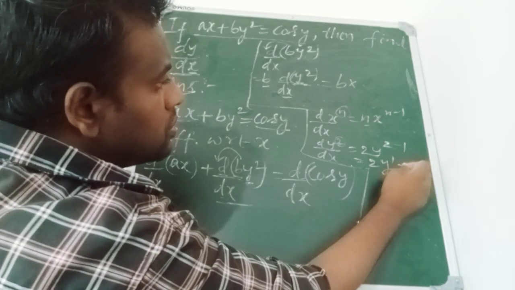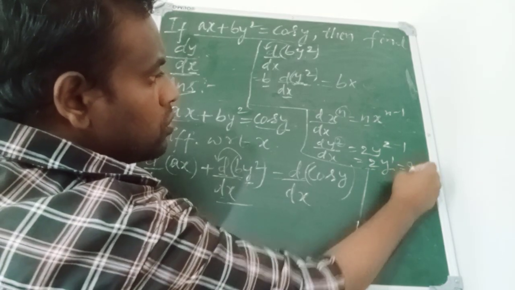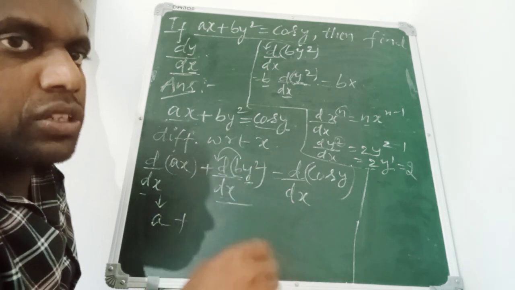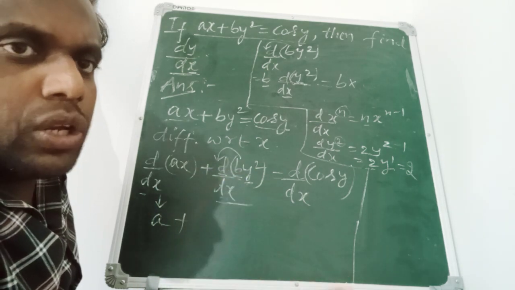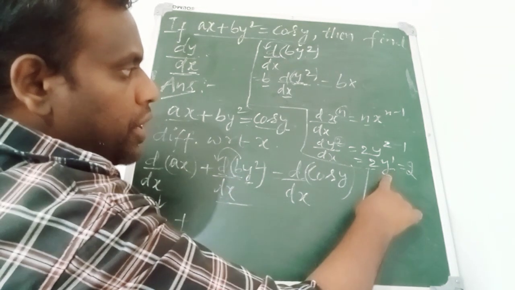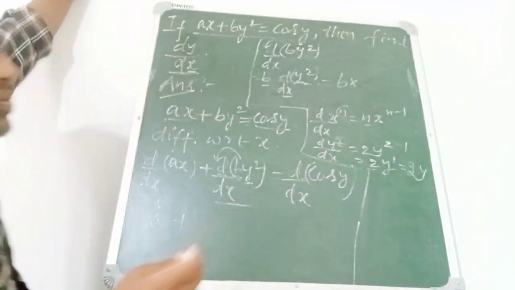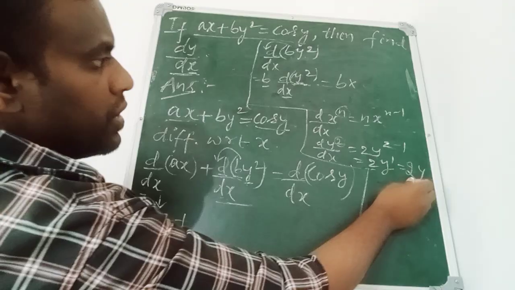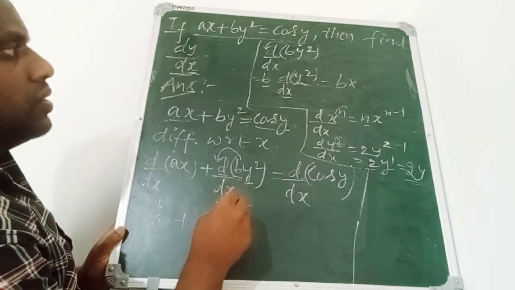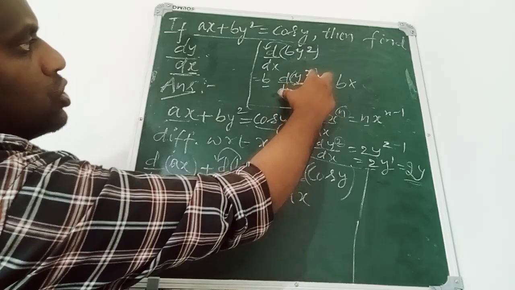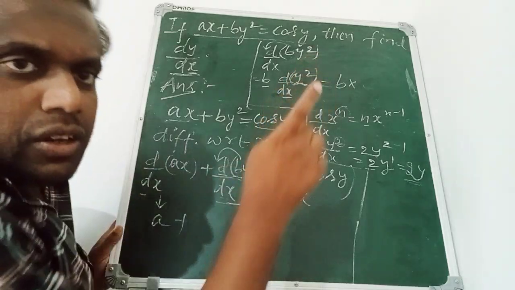Now again, y to the power of 1 is equal to y itself. Both are same. So we got 2y. So here, in these two functions, one is y square and another one is y.